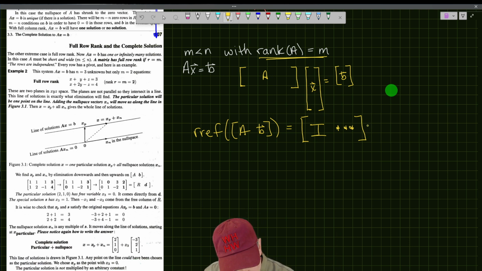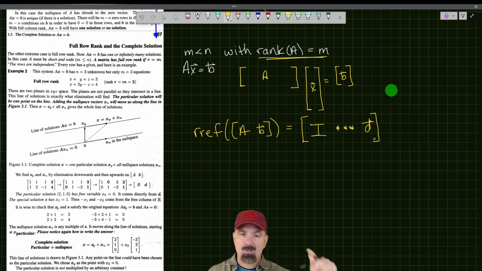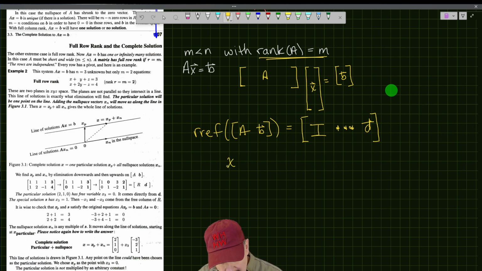And then we'll have the last column. After everything from A, we'll end up with the D vector. And of course, as always, the D vector is full size there. So just looking at the picture, what do we know about X equals the null space plus some particular solution?